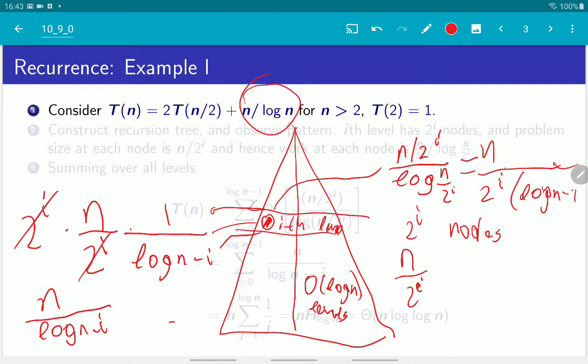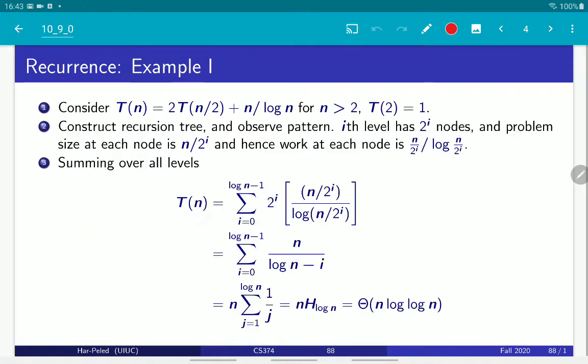So let's write down the summation. This is the contribution per level. Now we have to sum this, but we can just change the limits of the summation to go from 1 to log n of 1 over j.